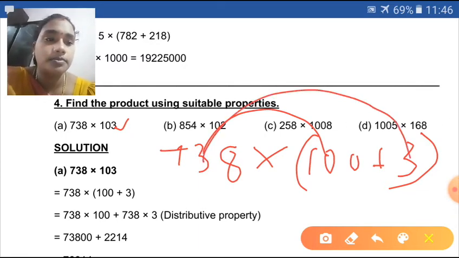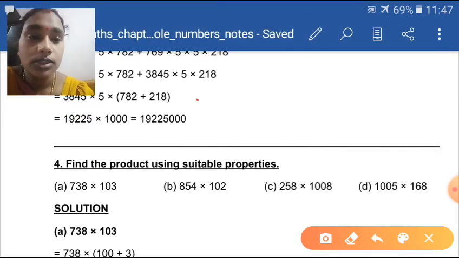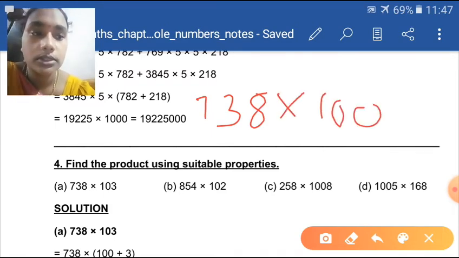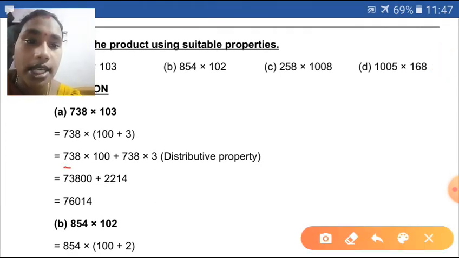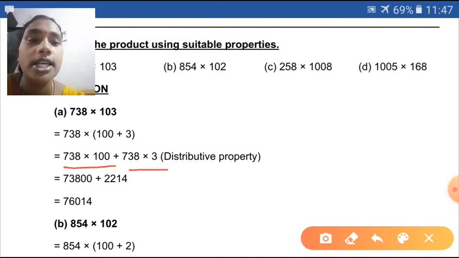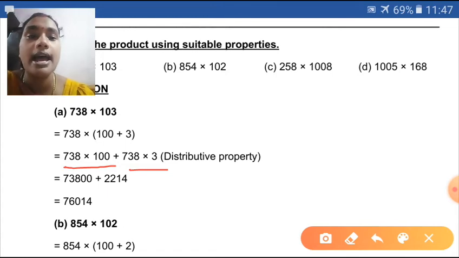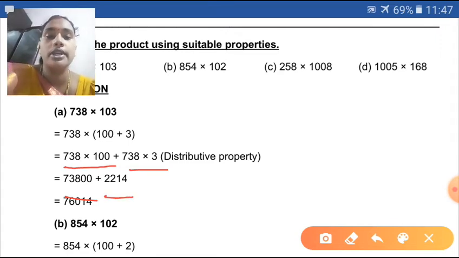Using the distributive property, you are going to expand this term, that is A into B plus A into C. Now 738 into 100 plus 738 into 3. It's easy to find 738 into 100. Just add 2 zeros to that, you get 73,800, and 738 into 3 will give you 2,214.